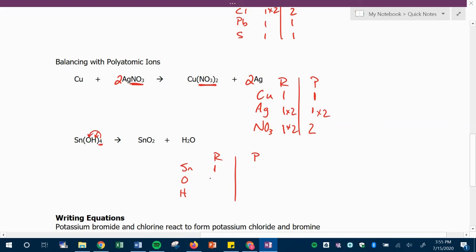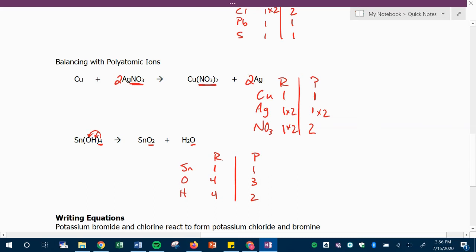So that means that there's 4 oxygens and 4 hydrogens. So now let's go back and look at our products. For the Sn, or the tin, there's still only 1. For the oxygens, there are 1, 2, 3 of them. And then for our hydrogens, there's only 2 of them.